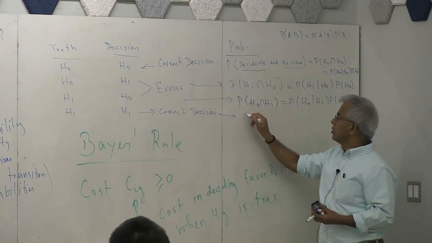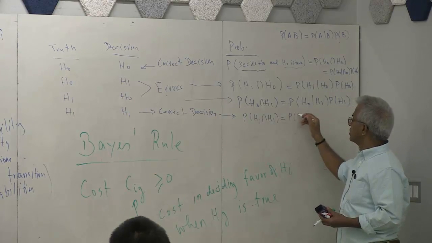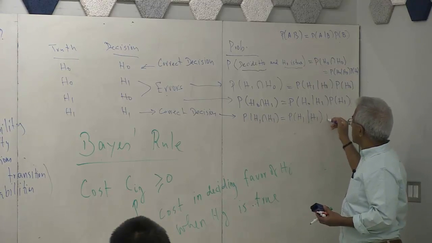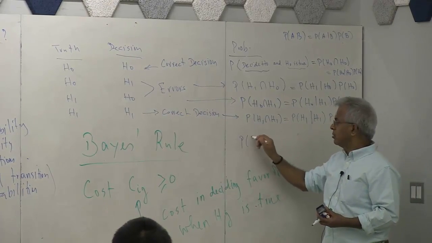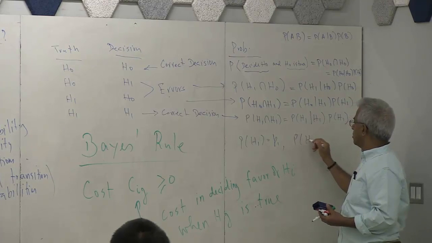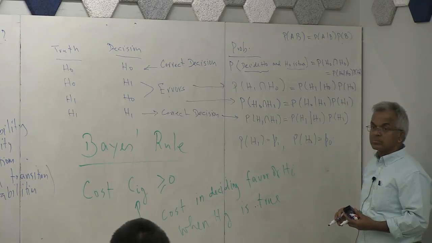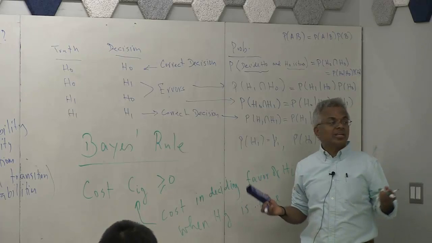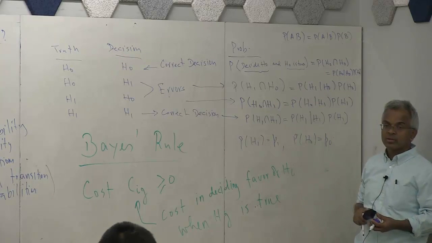And the last one is the probability of deciding in favor of H1 and H1 is true. That's the same as deciding in favor of H1 when H1 is true multiplied by the probability of H1. Let's make the simple notation that this is P1 and this is P0. If both hypotheses are equally likely, this is half, this is half.